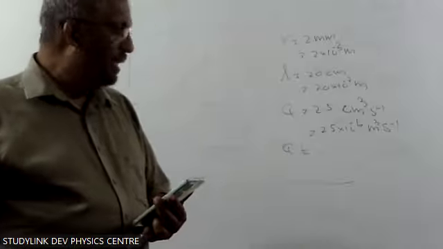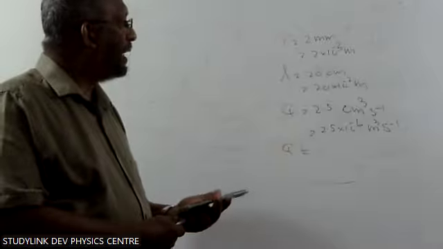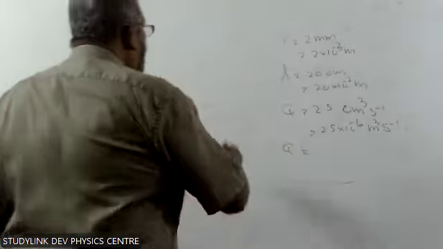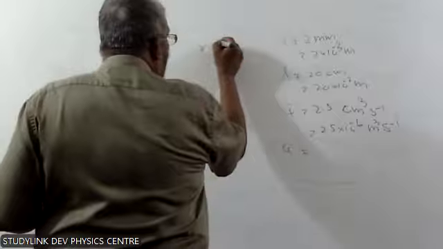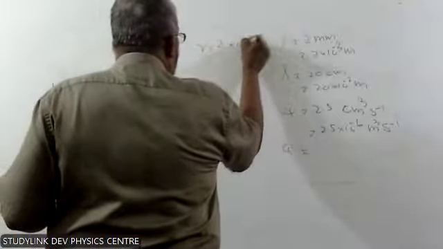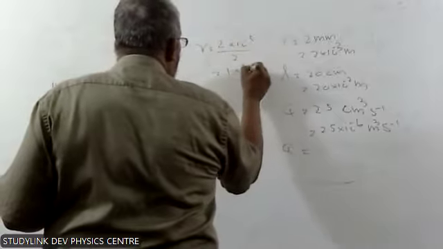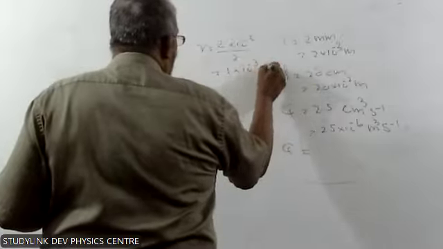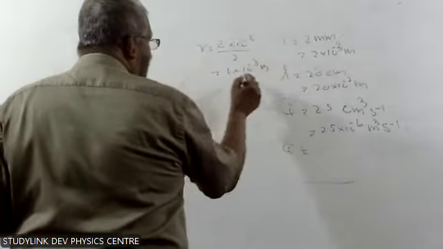So the radius is given as 2 into 10 to the power minus 3. Now the new a is equal to 2 into 10 to the power minus 3 divided by 2, that is 1 into 10 to the power minus 3. So the radius is this.